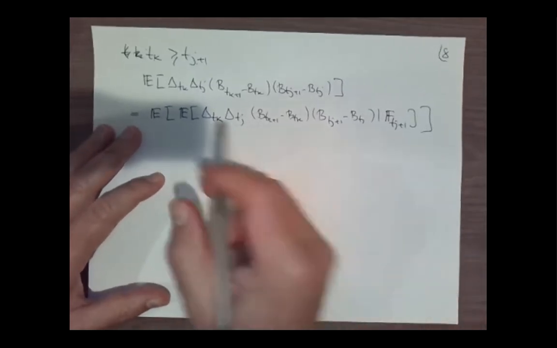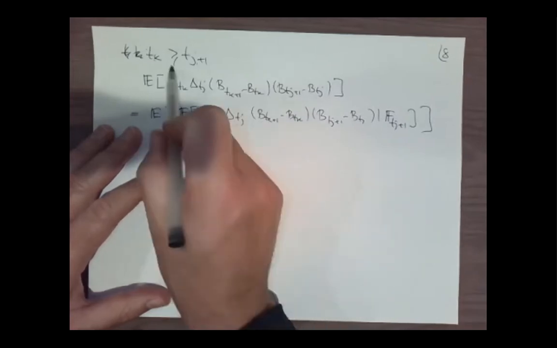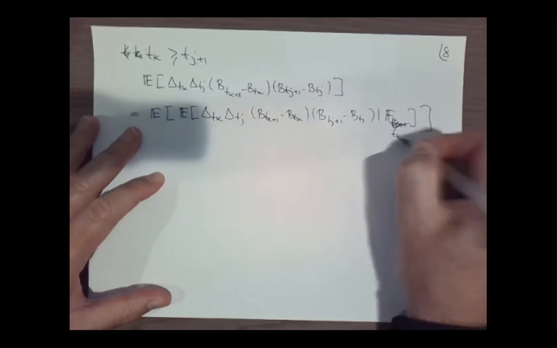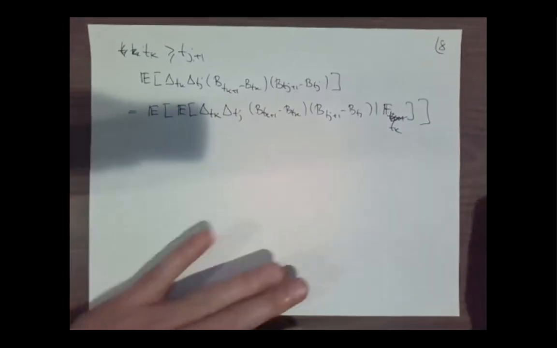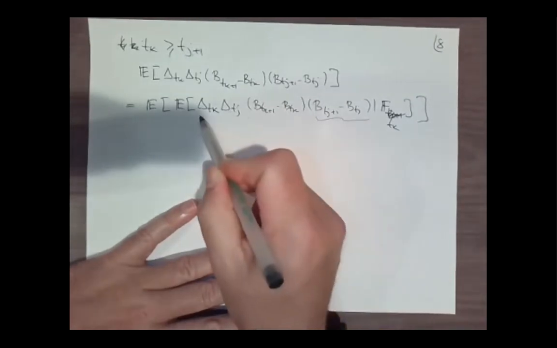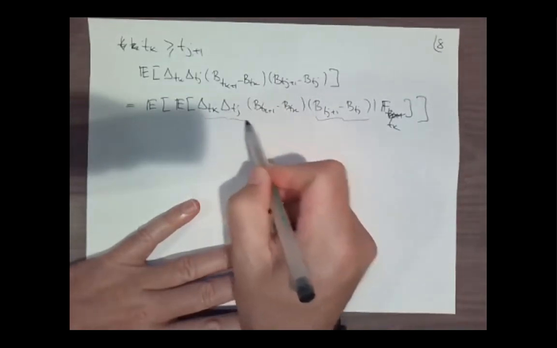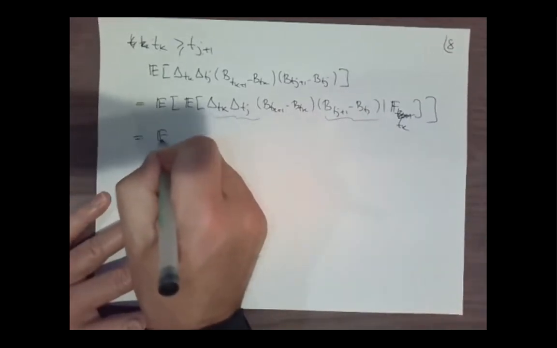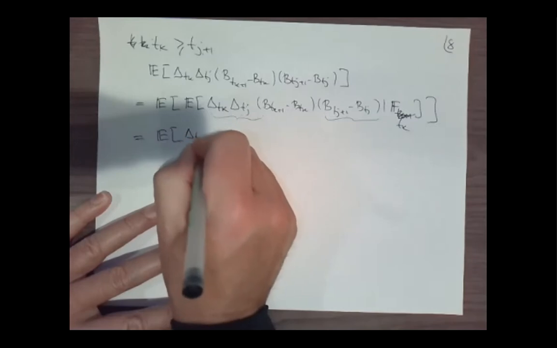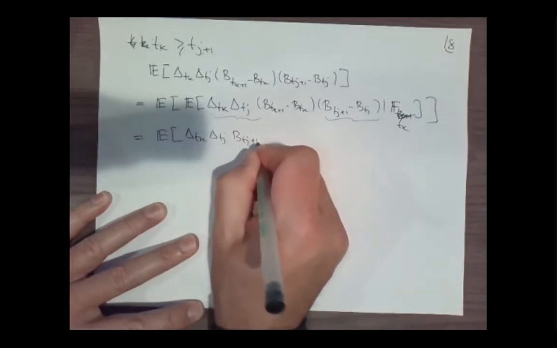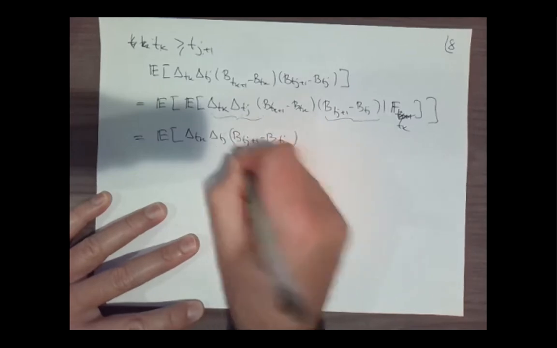We can even go further. We can go all the way up to t_k. Yeah, let's put a k here. Let's do t_k, because then I can pull out these parts: delta_{t_k}, delta_{t_j}, B_{t_{j+1}} minus B_{t_j}.